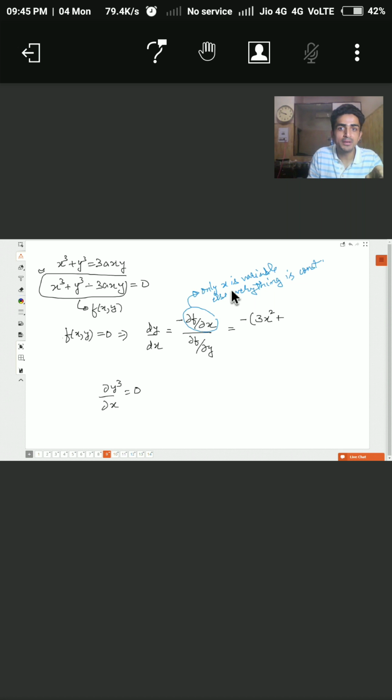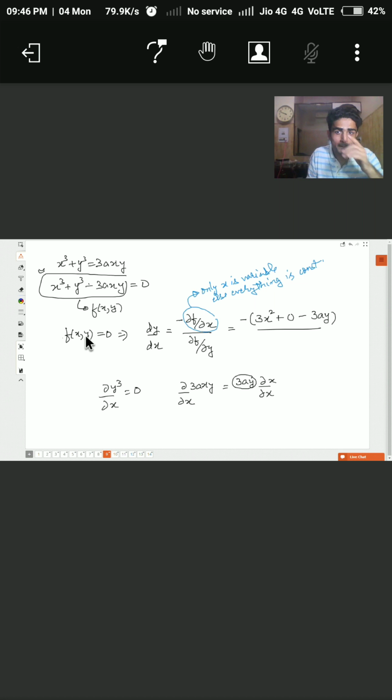Only x is variable, else everything is constant. So y cube is constant now, 0. Minus partial derivative of 3axy. When I say partial derivative, only x is variable, the rest everything is constant. You know the constant comes out, so the derivative of x with respect to x is 1. It is 3ay.